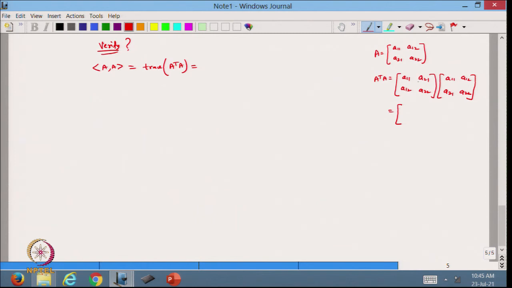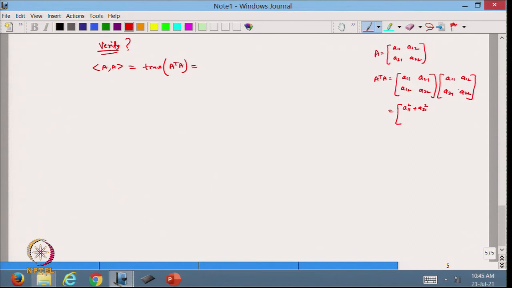So, it will be A 1 1 and A 2 1. So, it is my A 1 1 square plus A 2 1 square, this one.